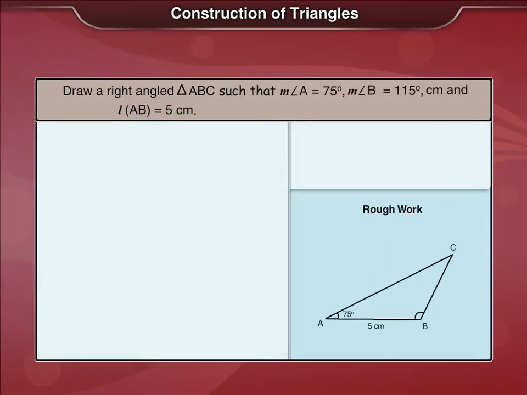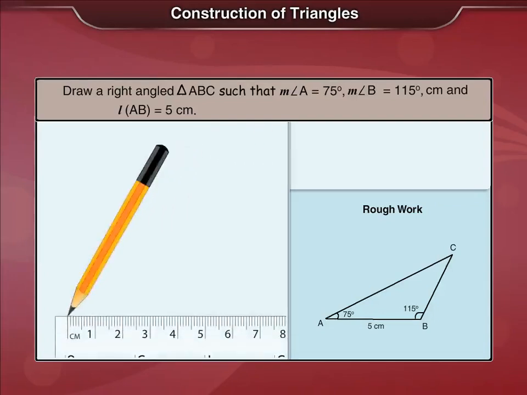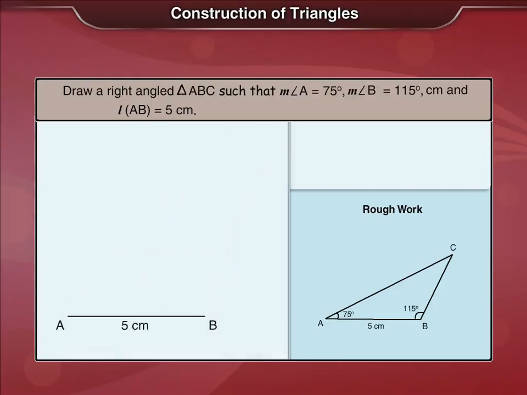Now, taking Q as the center and radius 2 cm, draw another arc and the point of intersection would be R. But what do we see here? These two arcs do not intersect each other, which means we cannot construct this triangle.